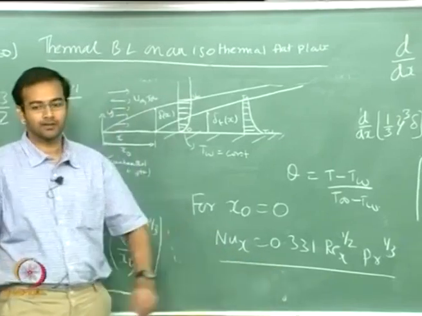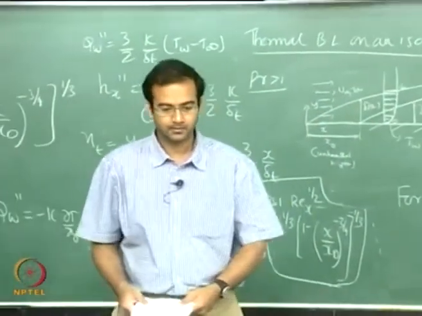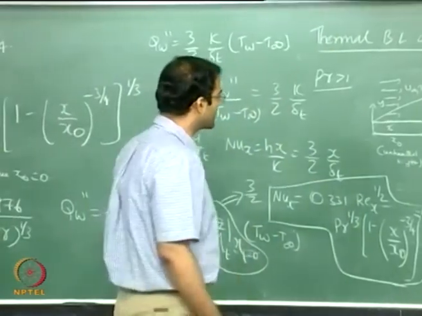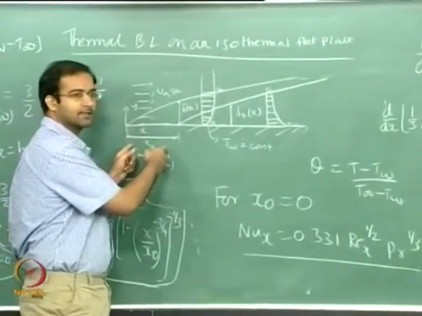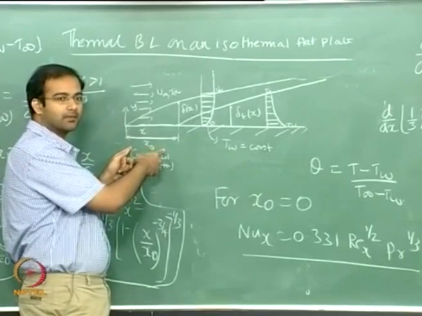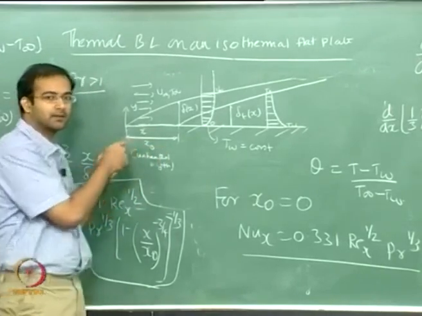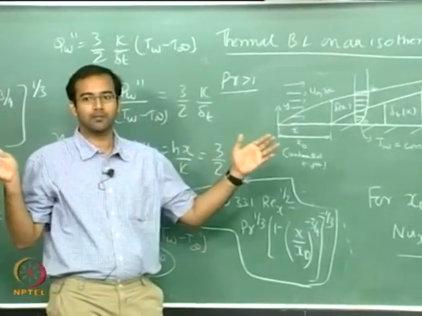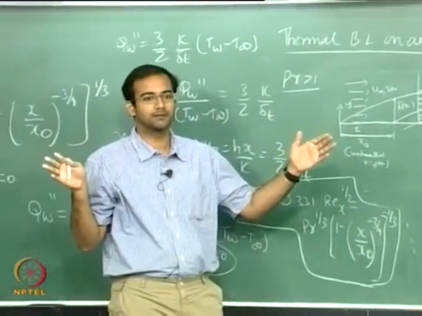Now you remember, when we did the similarity solution, we could not assume an unheated length and still get the similarity solution. The similarity solution was derived based on the assumption that the wall temperature is uniformly applied through the entire length of the plate.